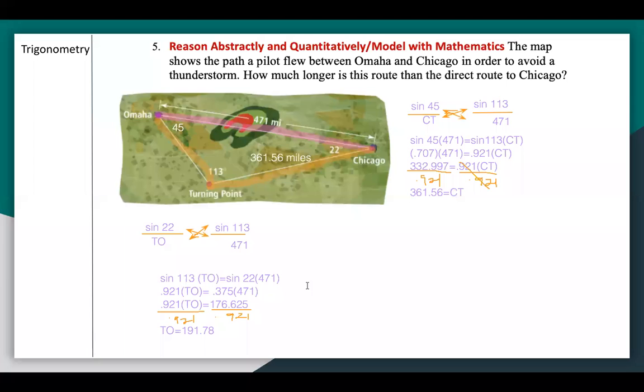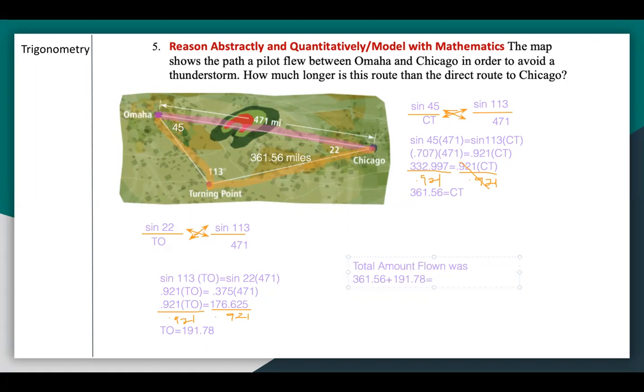And now at this point, I can say that the total amount flown was 361.56 plus 191.78. That is the sum of these two orange lengths right here. That will give how far the plane flew from Chicago to the turning point and turning point to Omaha.